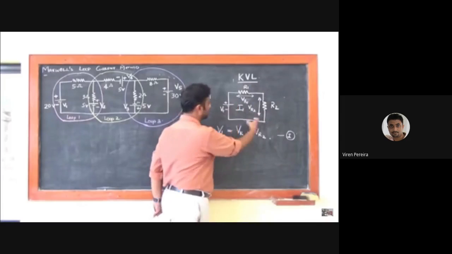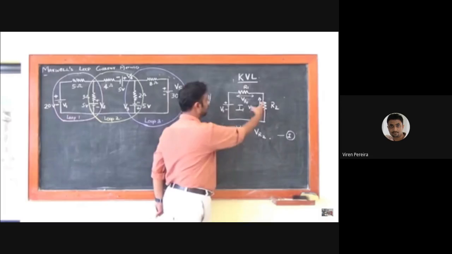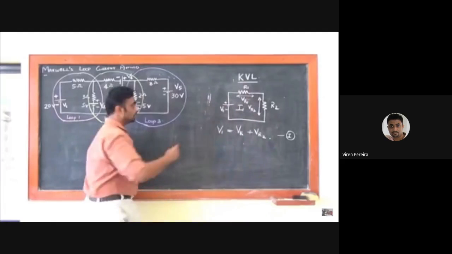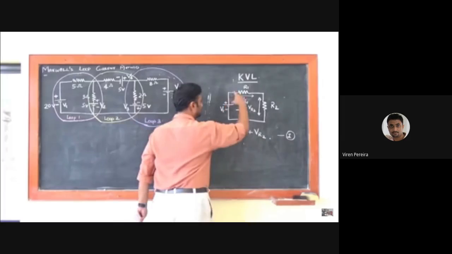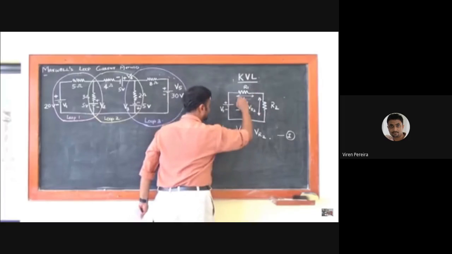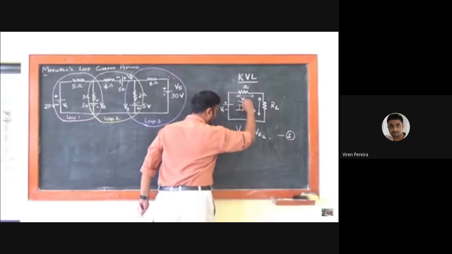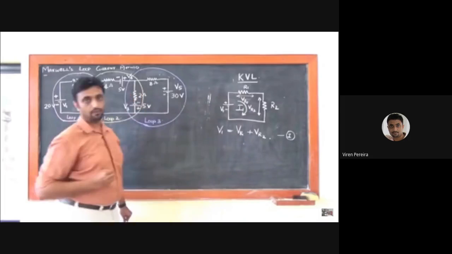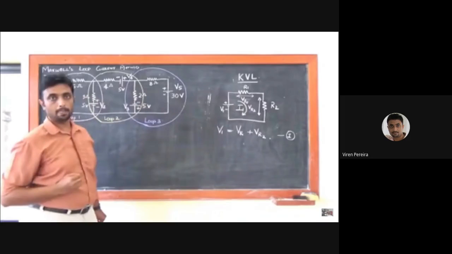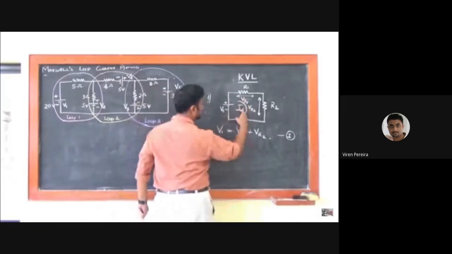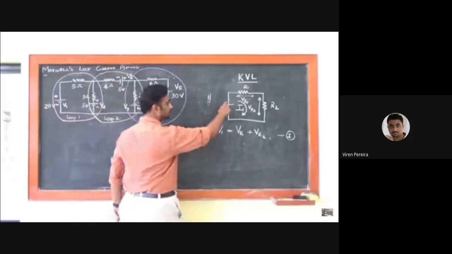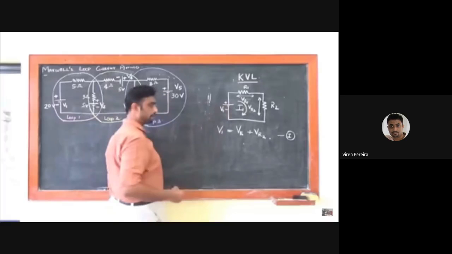Electron flow is from negative to positive, but current flow is always reverse of the electron flow. So current flows from positive to negative. Obviously, my direction is going to be clockwise. So we have a clockwise direction for I. This is known because there is only one voltage source, which is positive and negative.